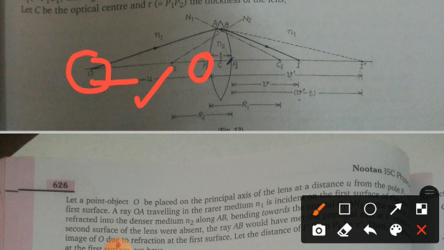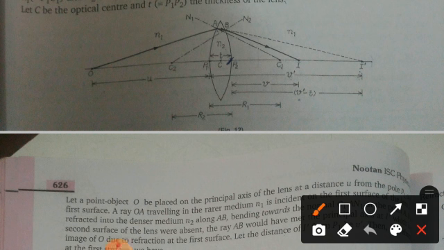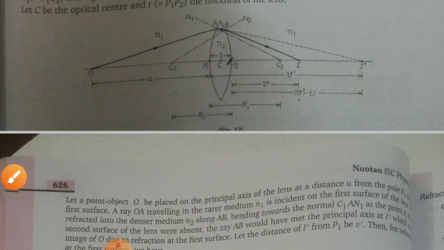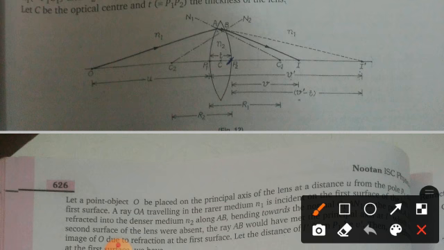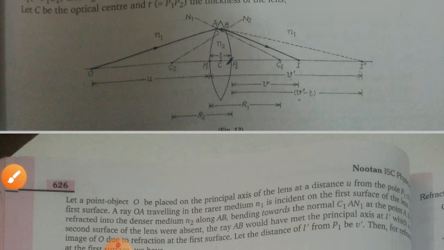First surface: a ray OA travelling in the rarer medium, whose refractive index is N1, is incident on the first surface of the lens and refracted into the denser medium N2 along AB, bending towards the normal.